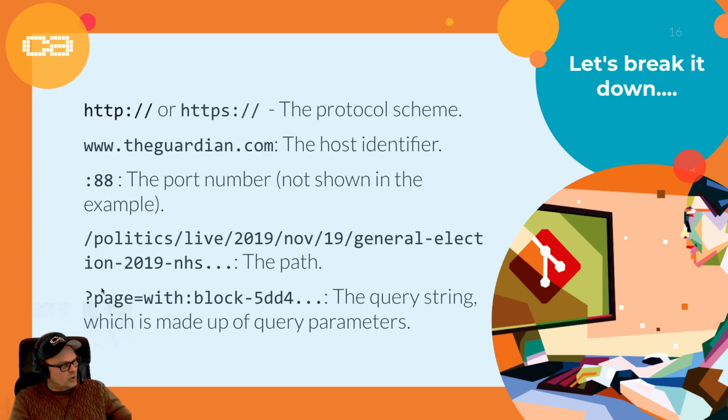But then you have this question mark with some parameters, key values. It says page and then equal and then some data. This is a way for the browser to send off some data to that particular server and have it respond in one way or another. I do not know what this one actually means because I didn't write it, but it's one way to spot these things.